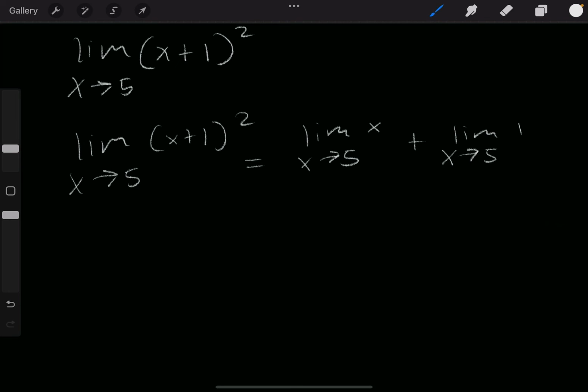So we can keep 1 the same because the limit of a constant is that constant. So it'd be 1. But we can substitute 5 for x. So it'll be 5 plus 1, which is equal to 6. And now it'll be 6 squared, which is equal to 36. So the limit as x approaches 5 of x plus 1 squared is equal to 36.